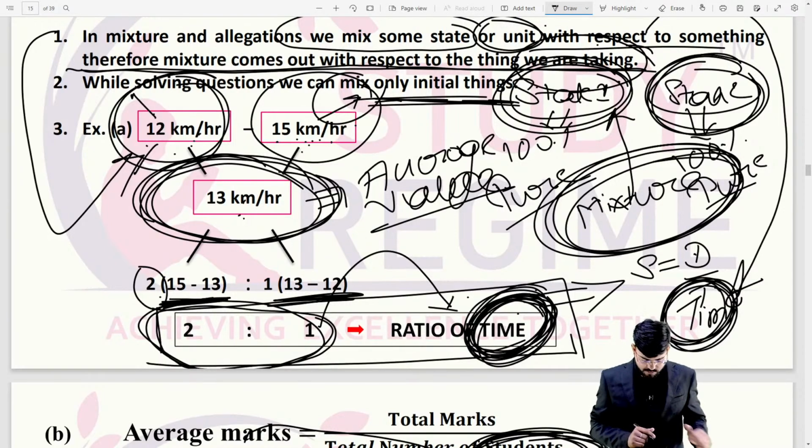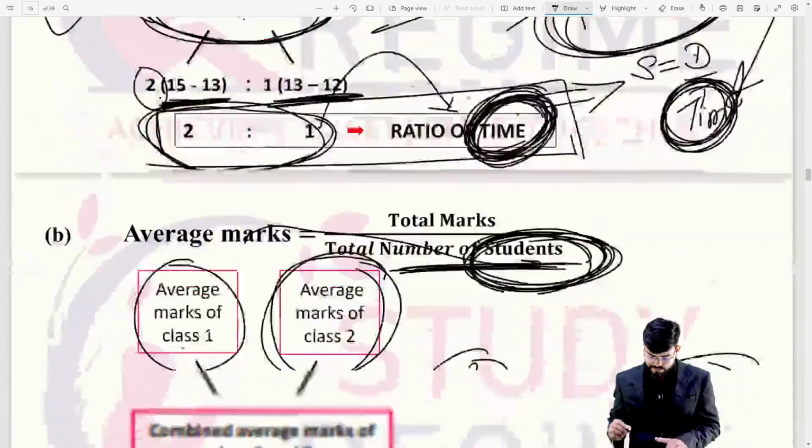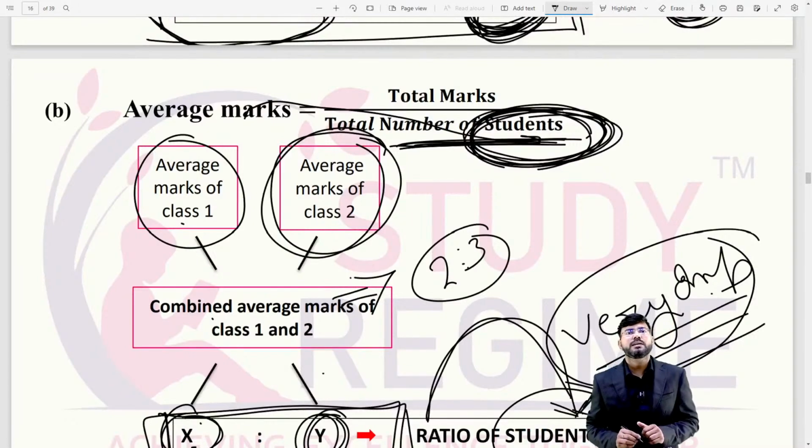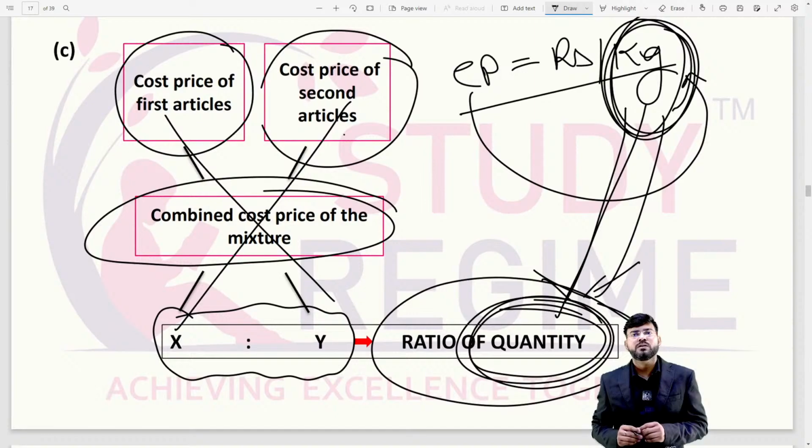Clear? There was an example of speed: if you mix the speeds, you get the ratio of time. If you mix the average marks, you get the ratio of number of students. If you mix the cost price, you get the ratio of quantity.